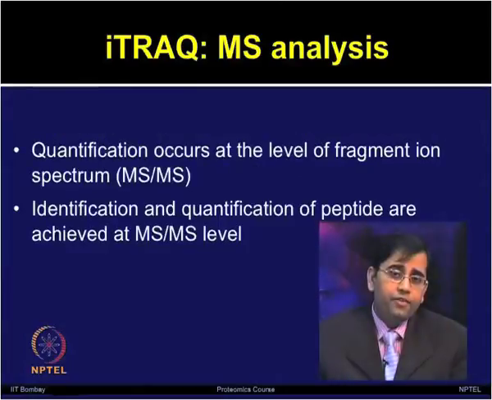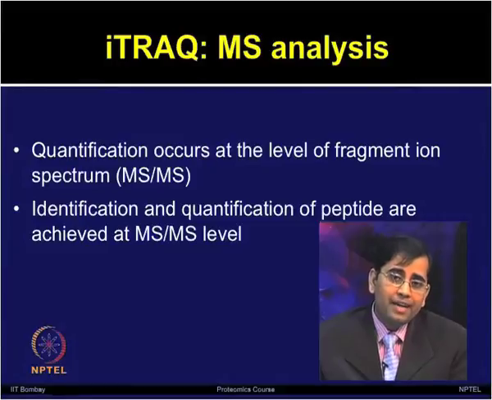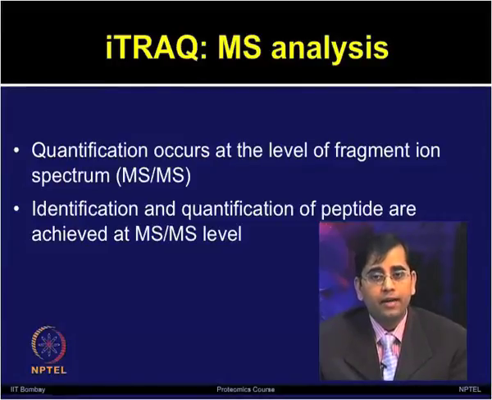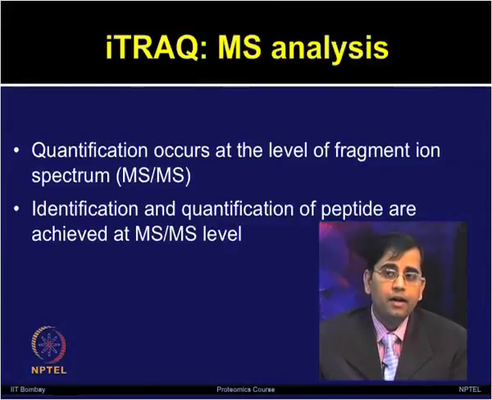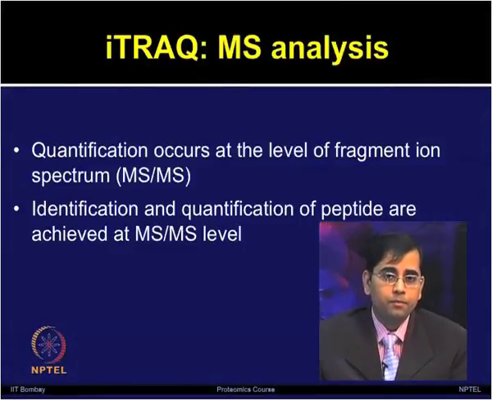So, in iTRAQ, the quantitation occurs at the level of the fragment ion spectrum at the MS-MS level. Peptides with identical sequence, but derivatized with different isobaric reagents, are indistinguishable in the MS spectra alone. That is why only during the MS-MS phase can the quantitation happen.